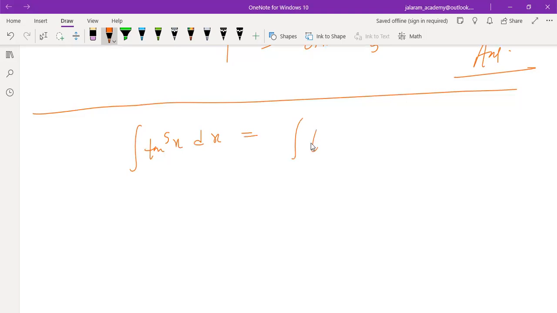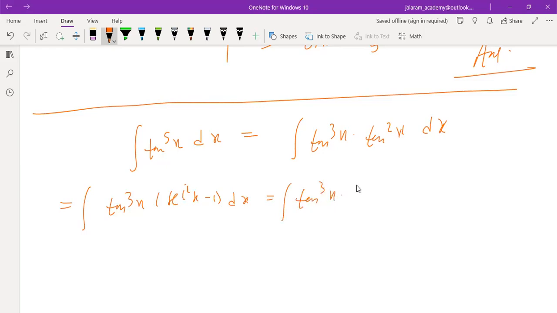First we write tan cube x into tan square x dx, then separate this tan square x as sec square x minus 1 dx, and multiply. tan cube x into sec square x dx minus integration of tan cube x dx equals, for the first, put t equals tan x.